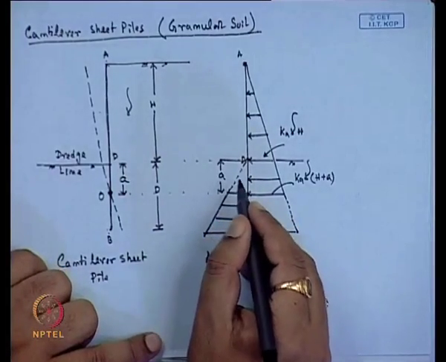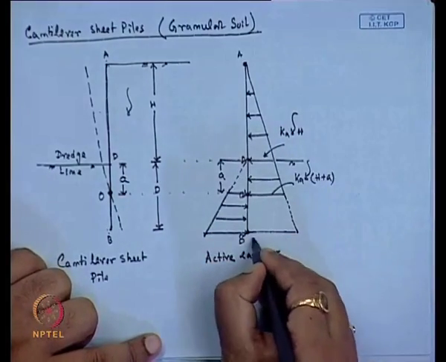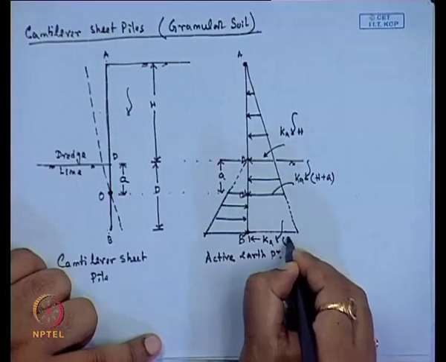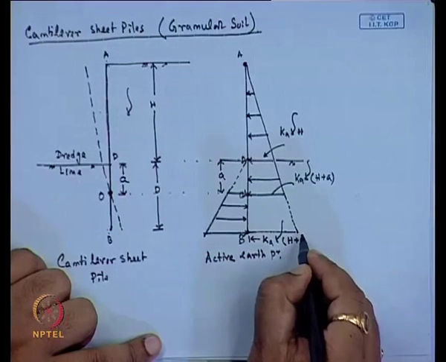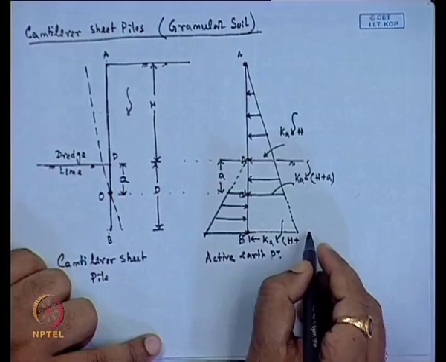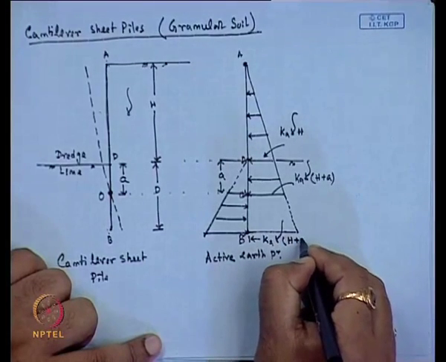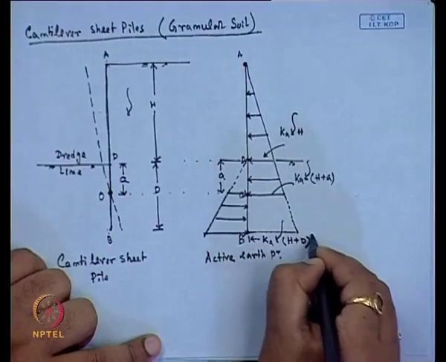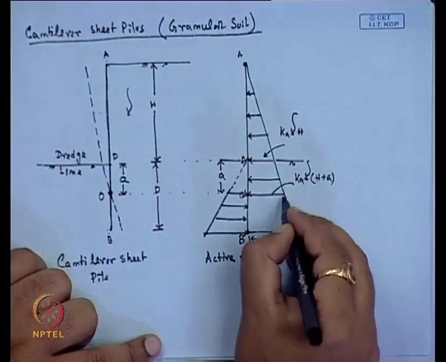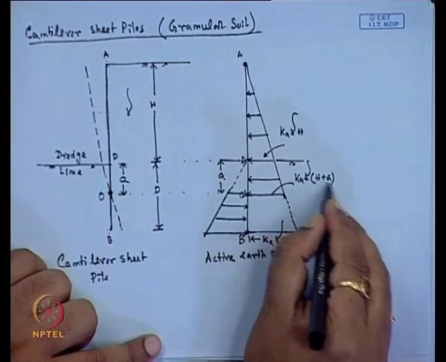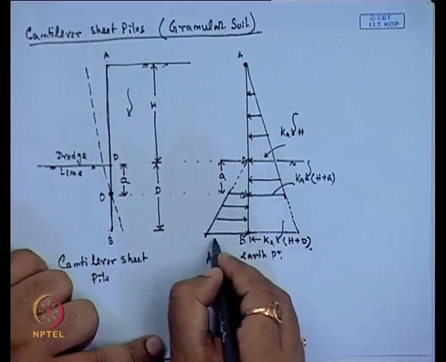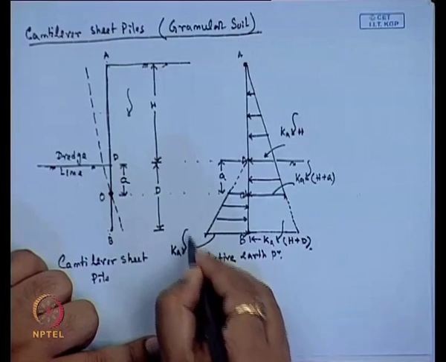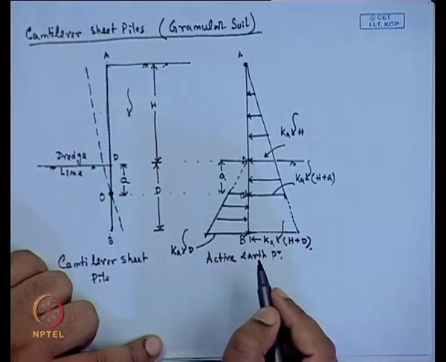So, the value of this active pressure, if I write this value here, this is K A gamma into H plus D. But at this point this is K A gamma H plus A. Similarly, here this side, this value is K A gamma into D.